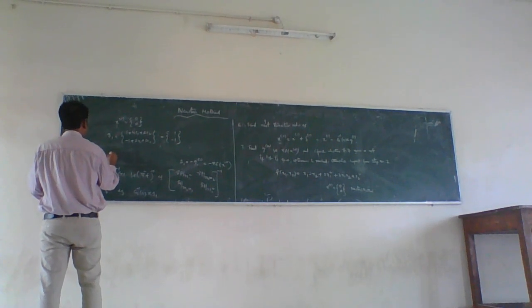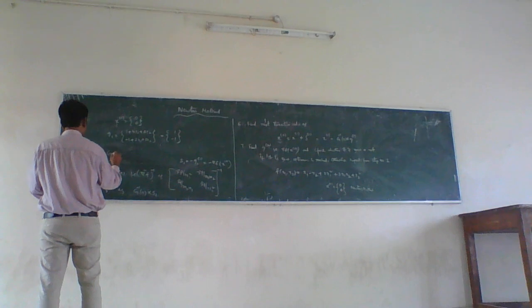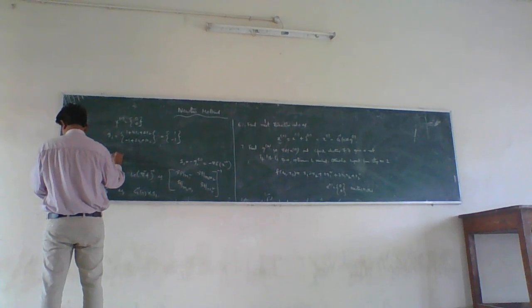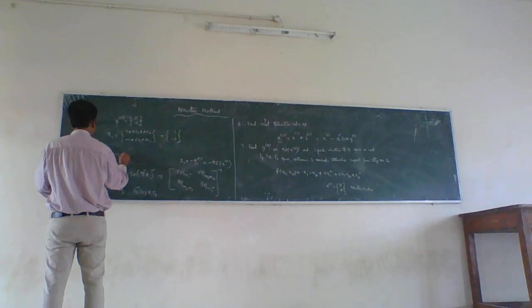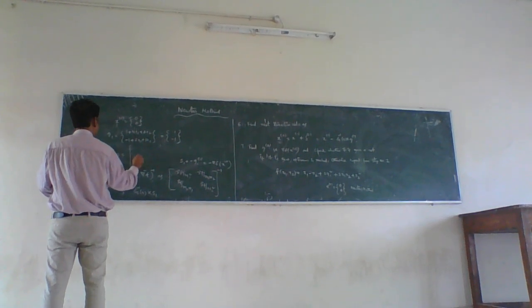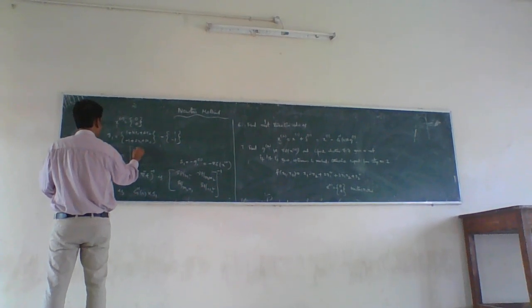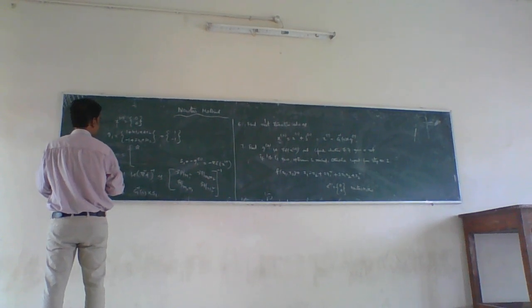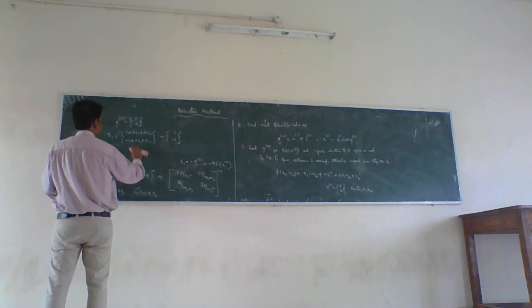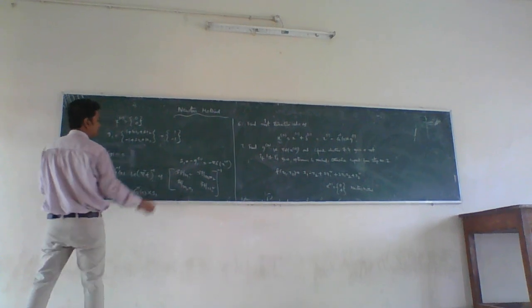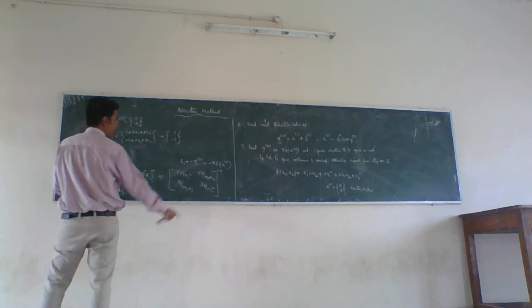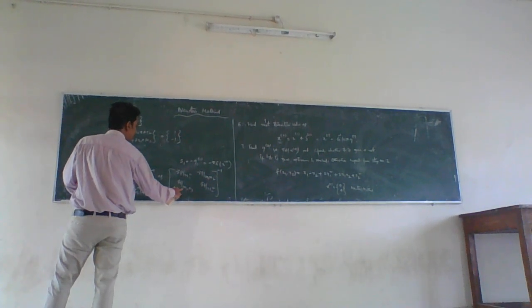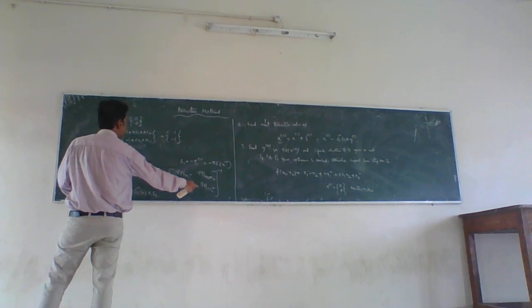Now find out capital G. What is capital G? Dou square f by dou x1 square, dou square f by dou x1 x2, dou square f by dou x2 x1, dou square f by dou x2 square.